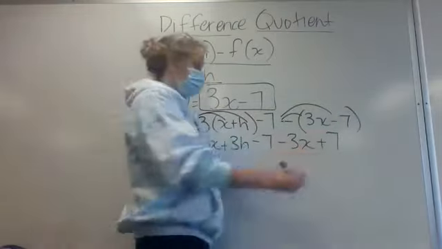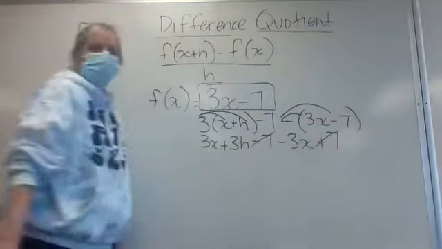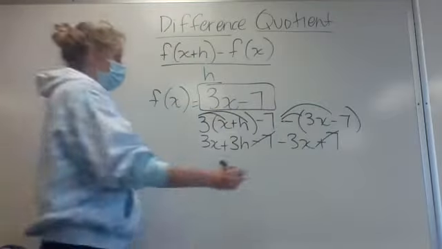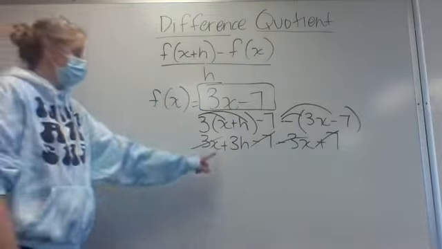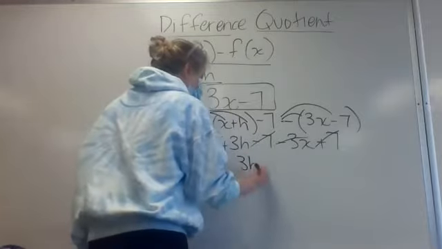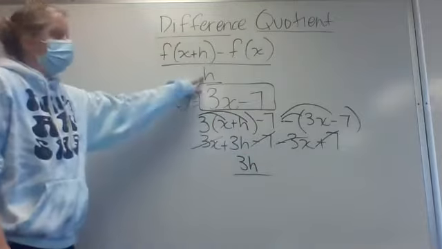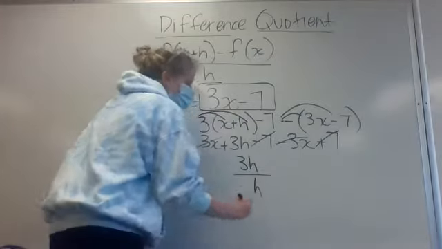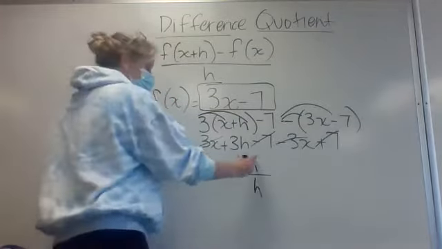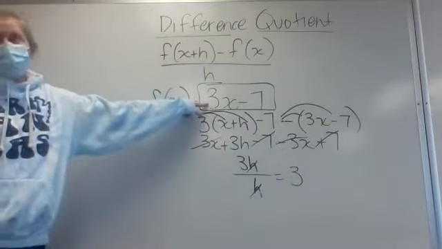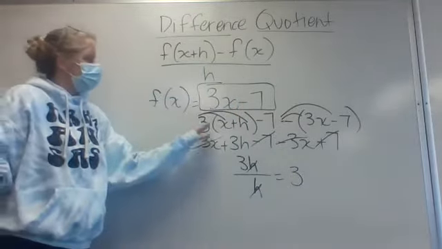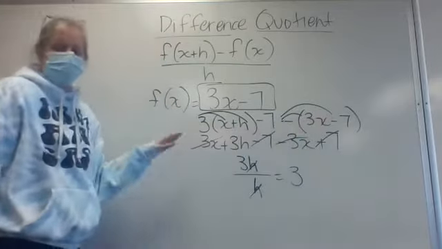Because what can you do with the plus 7 and a minus 7? Cancel. Minus 3x and plus 3x cancel. So what are you left with? 3h over h. Remember your denominator is h, so those h's cancel. So the answer is 3, like we knew it was going to be. But again, just getting this practice is what we need from this right now.